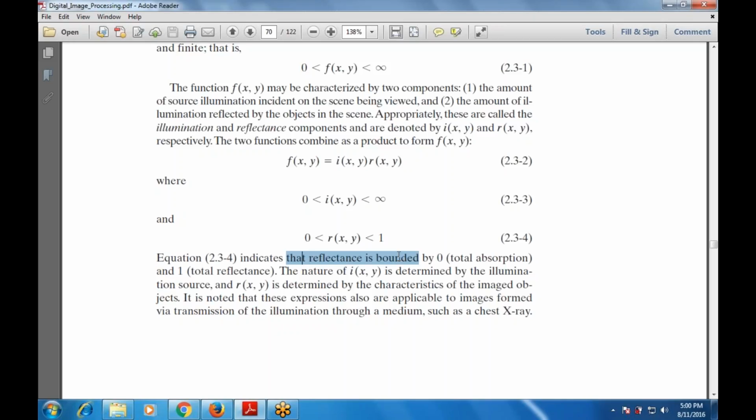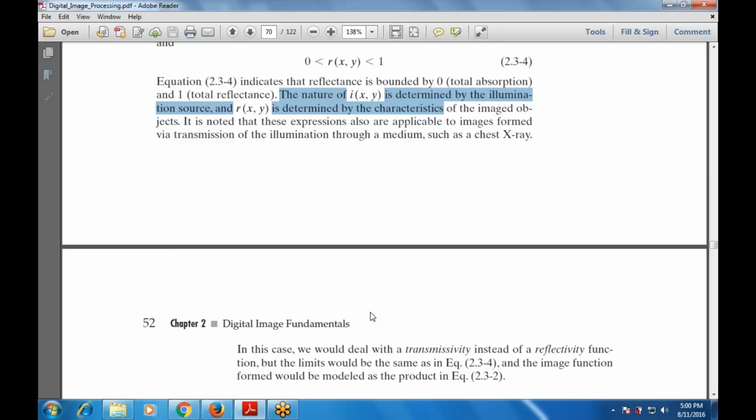This also indicates that the reflectance is bounded by 0 and 1. The nature of i(x,y) is determined by the illumination source, and r(x,y) is determined by the characteristics of the imaged object.